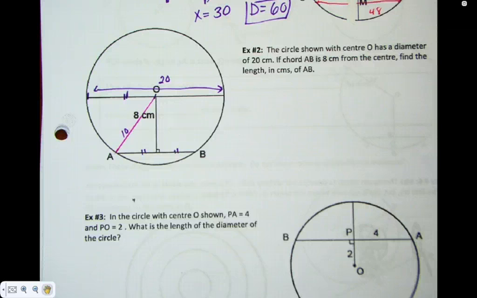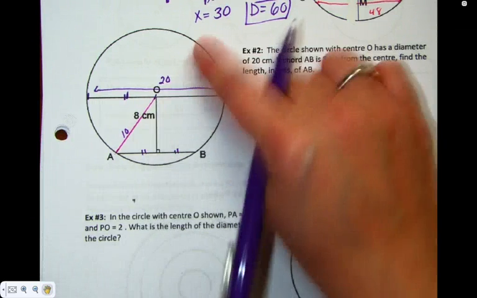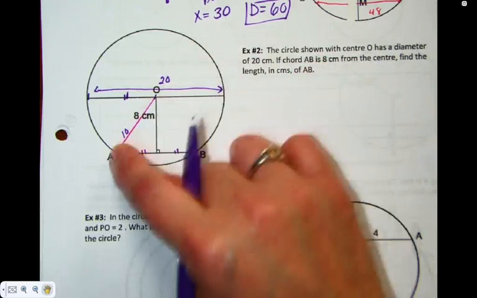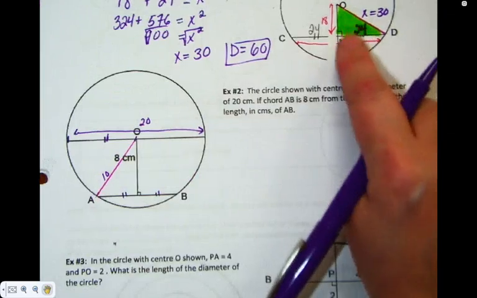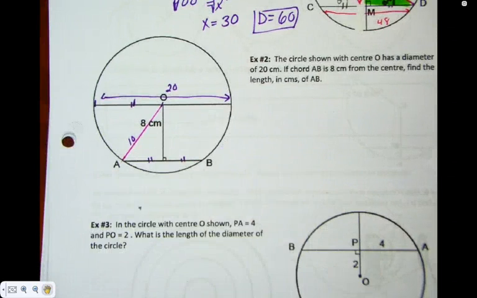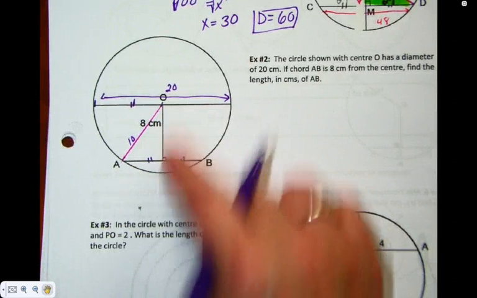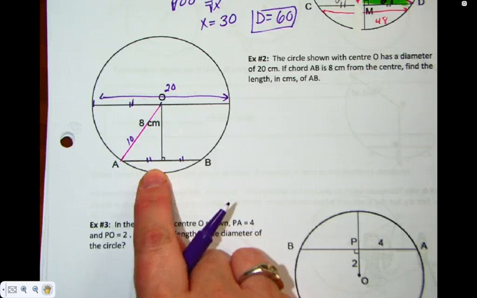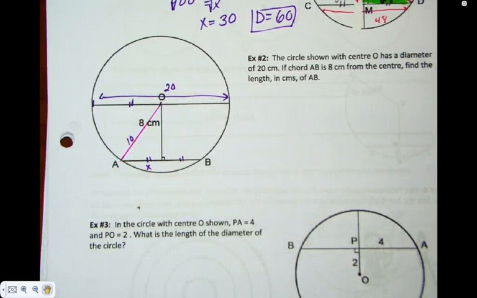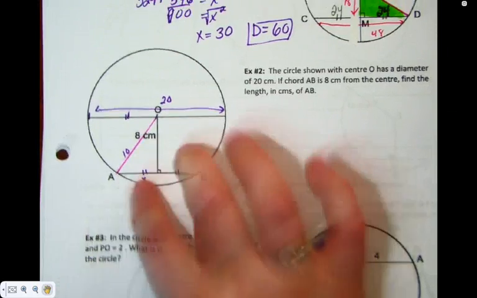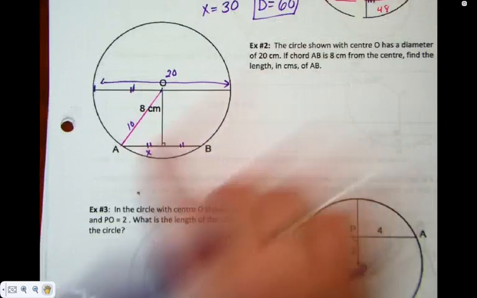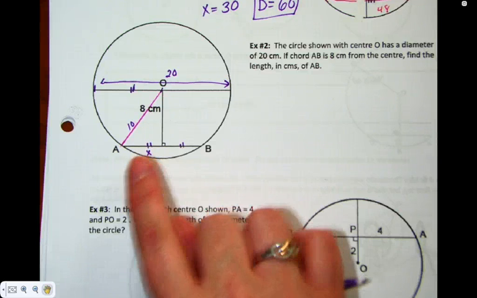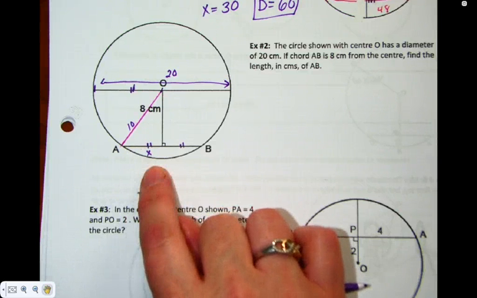Now what? 8 squared plus, so follow what we did here. Look at what we have here. I've got 8. I've got 10. Do I have this bottom side? What do you put when you don't know something? Now the difference from above is I didn't have the hypotenuse. Do I have the hypotenuse here? Yes, because what is the hypotenuse? It's the longest side, which is 10.